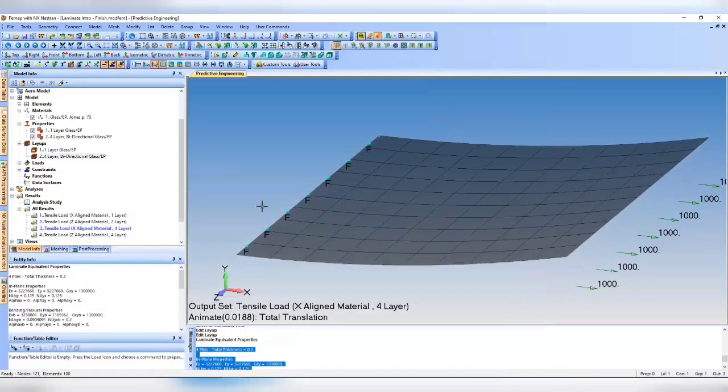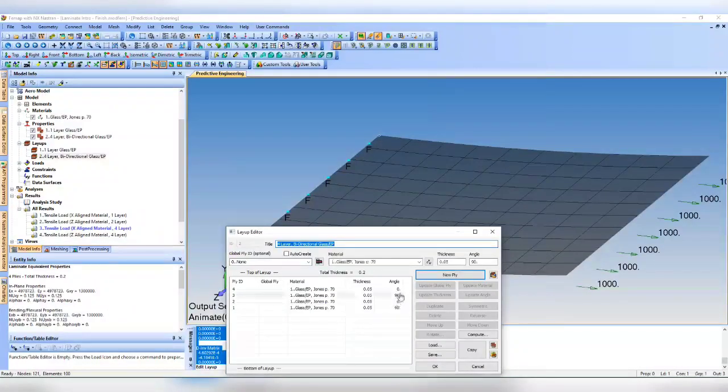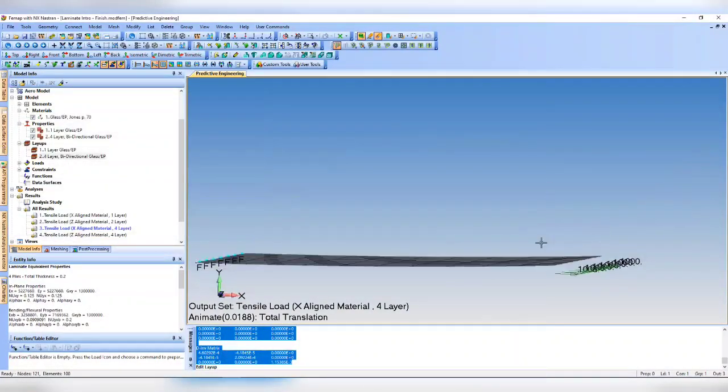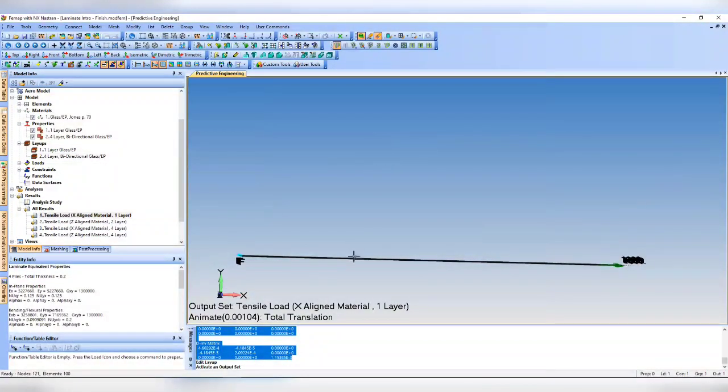So essentially, if our laminate was 0, 90, 0, 90, our laminate is symmetric, our B matrix will be 0, and we will not be seeing this type of coupling anymore. We will see something more like along this direction, just pure laminate extension.